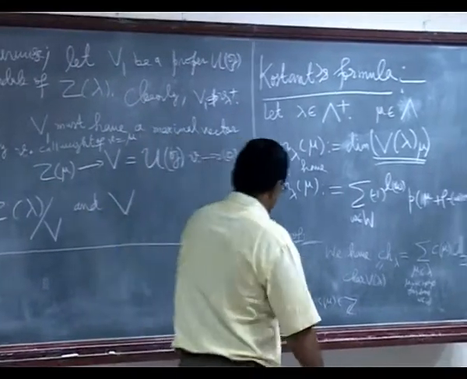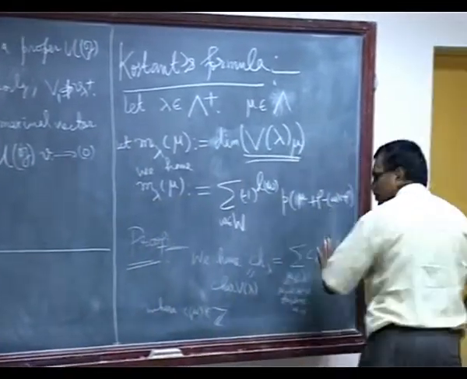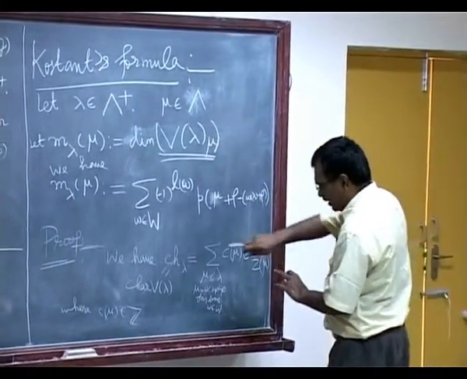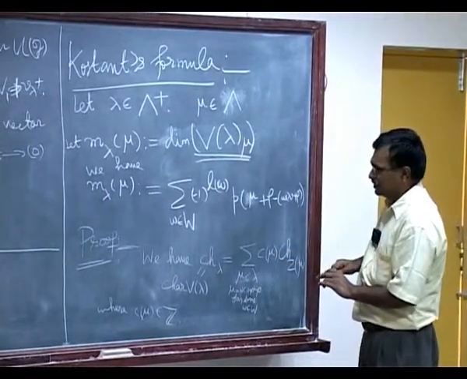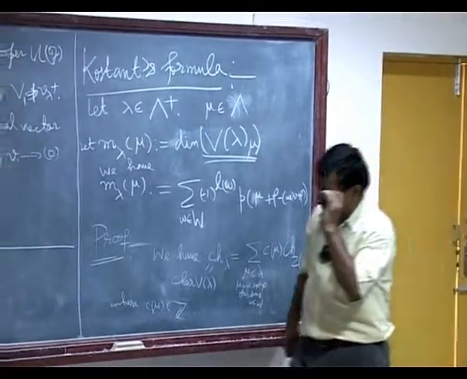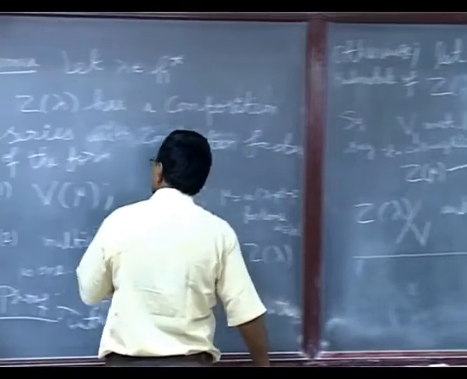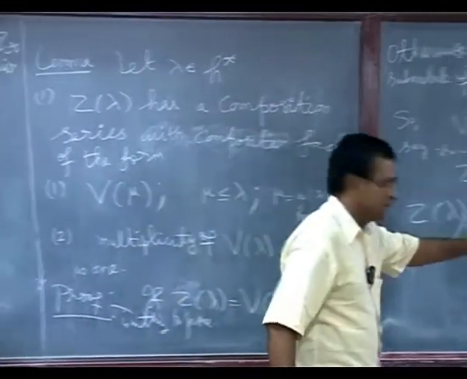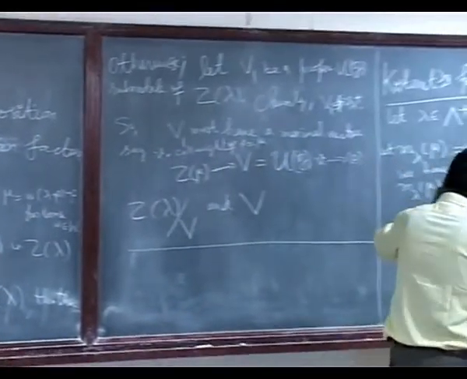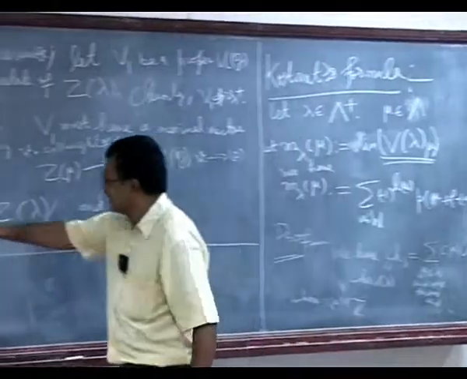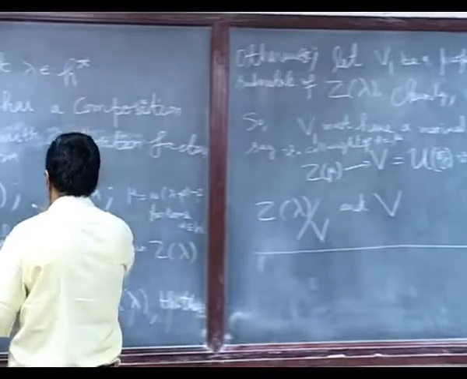Now, this part comes from that lemma, because Z lambda has a composition series with modules of this form, and I use that, but I do not give full details. This is the idea, and whenever mu appears here, that has that property.